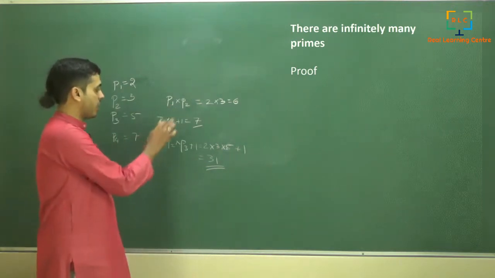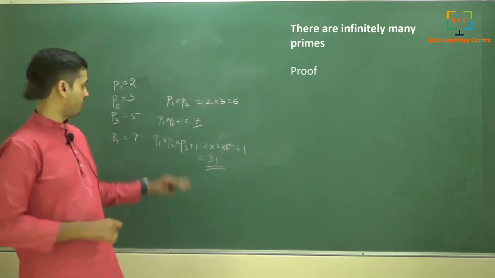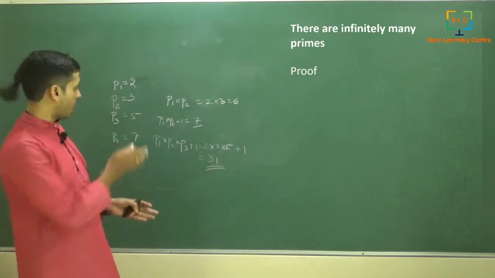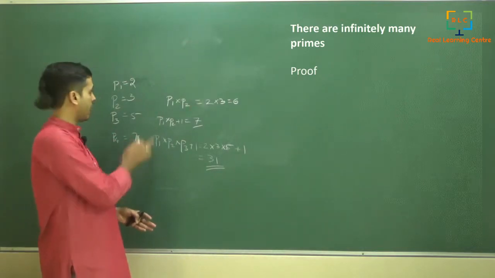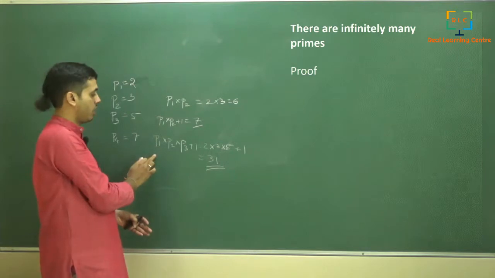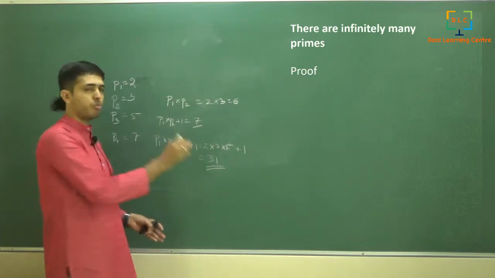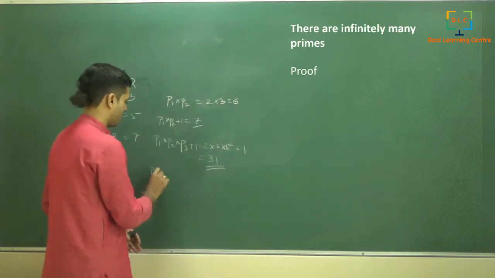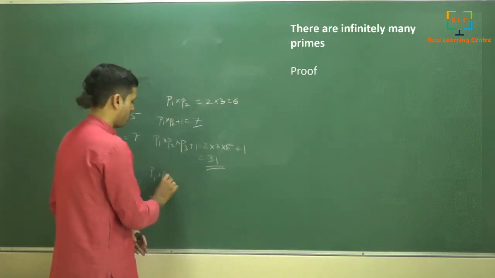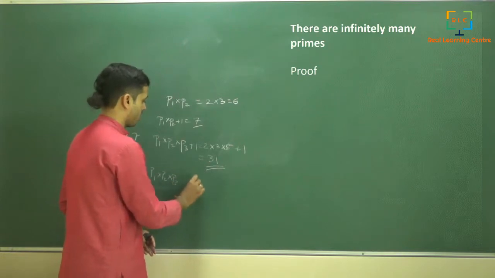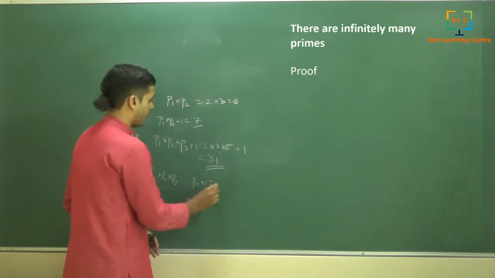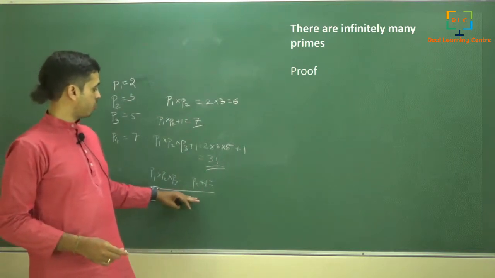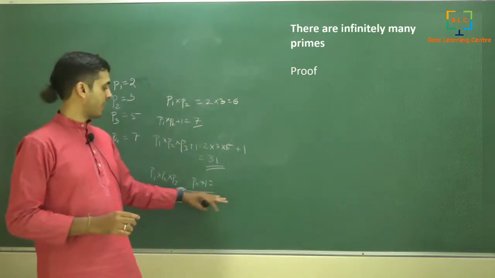So it's a very interesting fact. But can we definitely say, product of, starting from the first prime P1 up to P2, P3, P4, up to a certain number Pn, P1 into P2 into P3 up to Pn, the nth prime, plus 1, can we say it is a prime number?